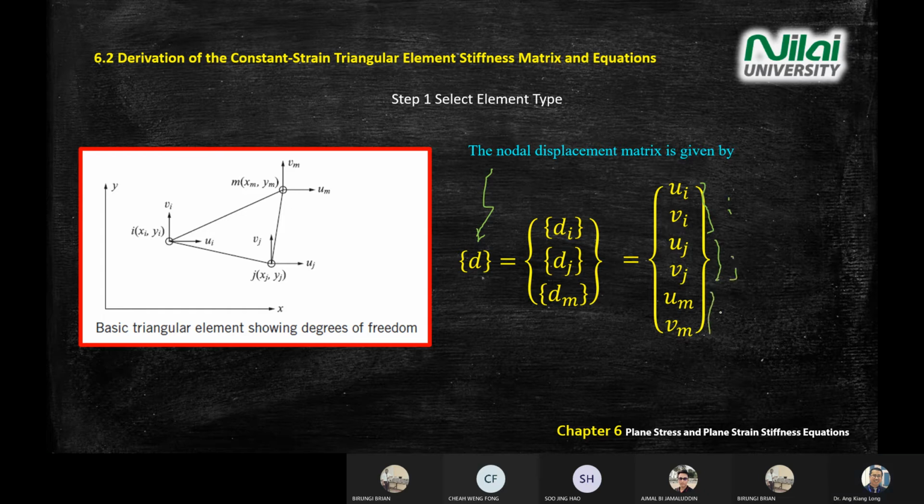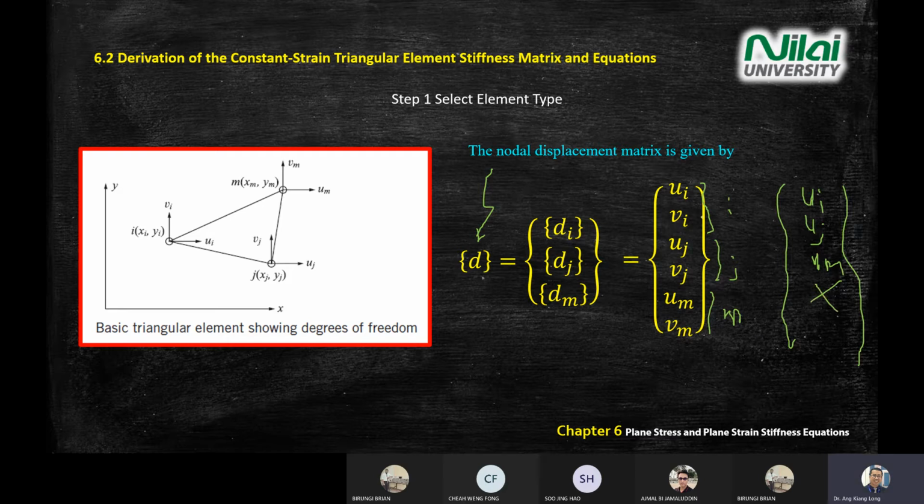Okay, by sequence, I, J, M. Now, students normally make mistakes. What do students like to do? They like to do their own Lego together. They like to write like this. They like to combine all the U together, which is wrong.